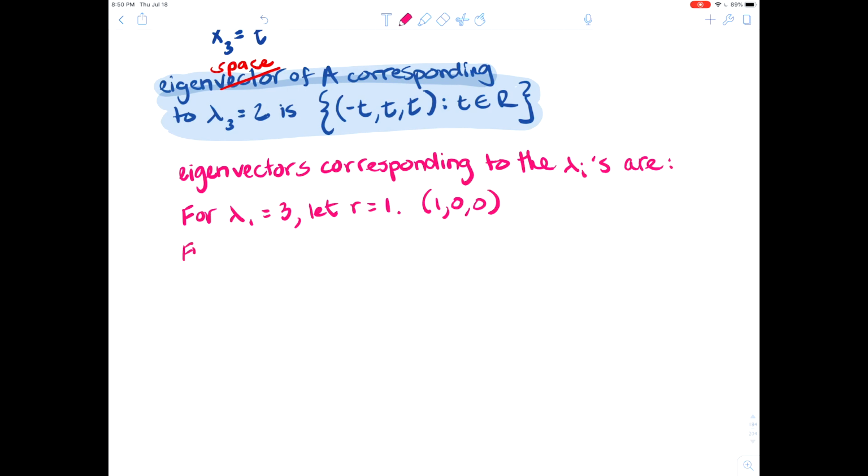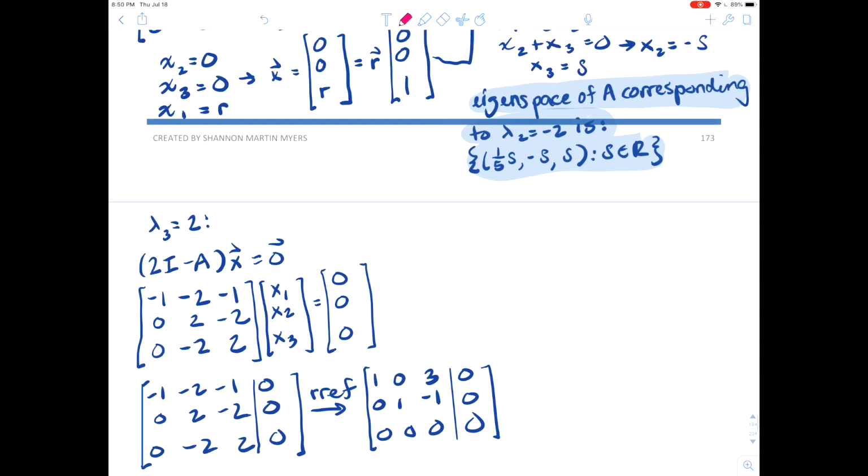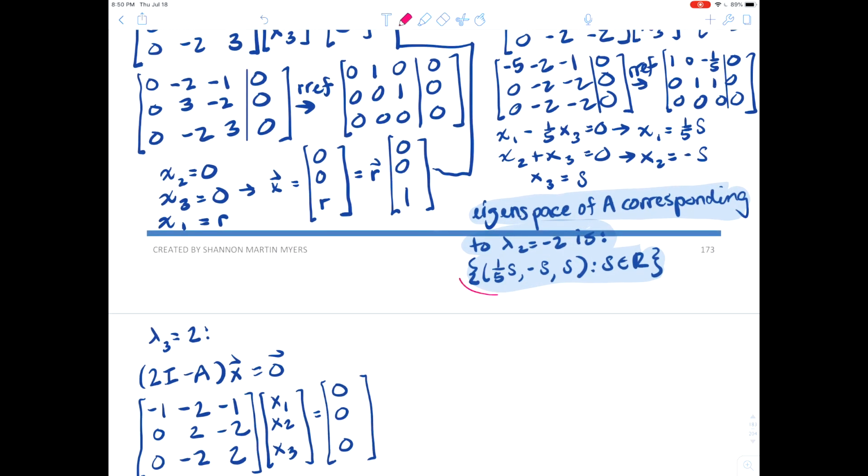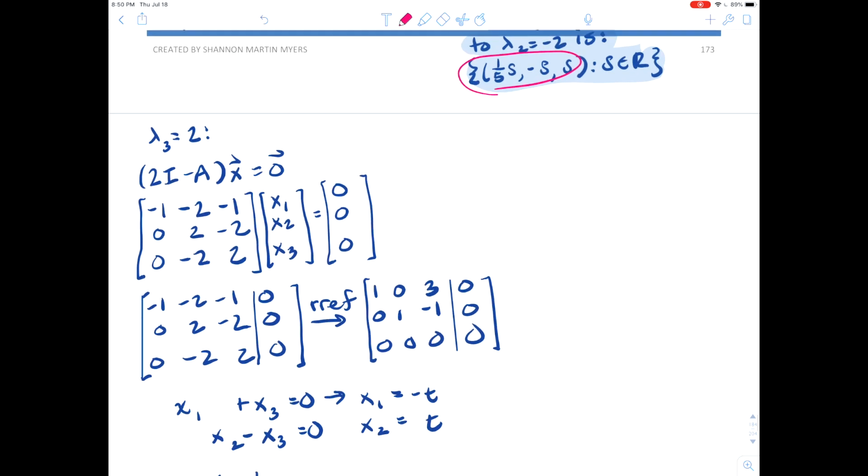And then for lambda 2 equal to negative 2, again, if we let that parameter equal to 1, what would we get? Good. We'd have 1/5, negative 1, and 1.